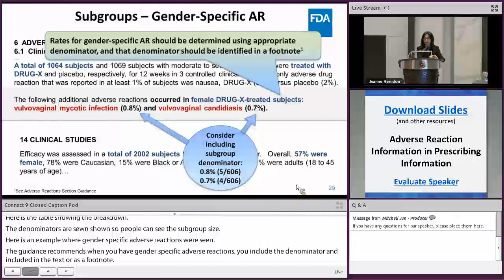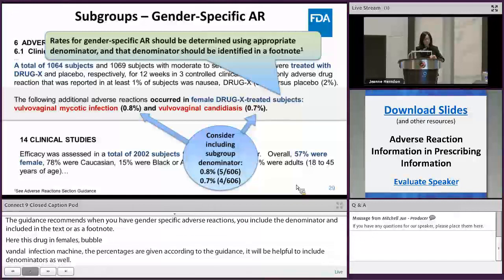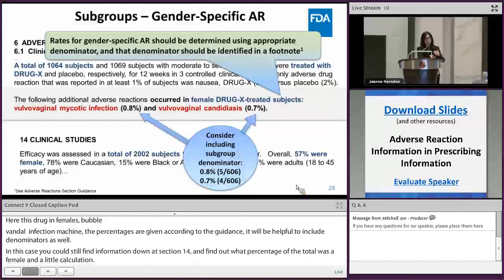But according to the guidance, it would be helpful to include denominators as well. In this case, you could still find the information if you go down to section 14 and find out what percentage of the total was female, and then do a little calculation. But the safety population and the efficacy population tend to be a little bit different, so it's an approximation. To obviate all this extra work, just provide the denominators in the labeling.